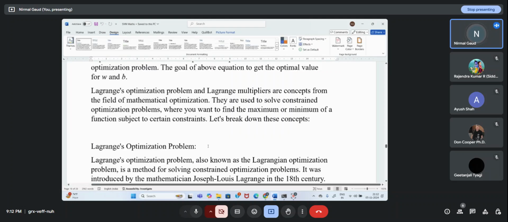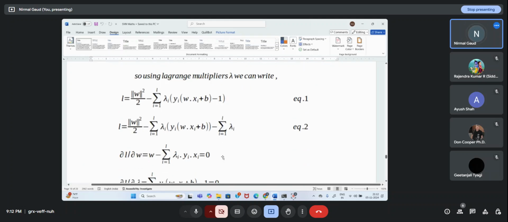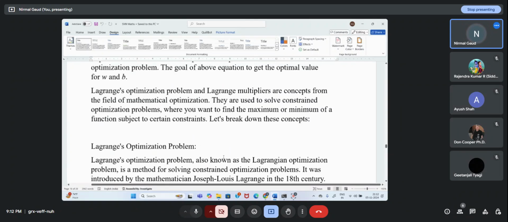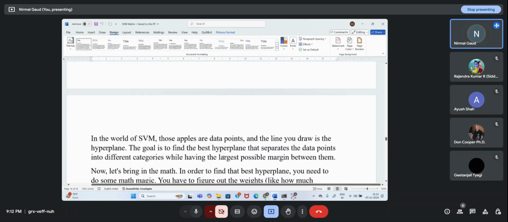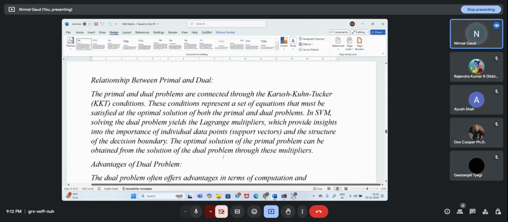I hope I have the full form of KKT available also. Let's check it here. So this term has been mentioned. If you can see the term, Karush Kuhn Tucker, KKT condition. So these KKT conditions are connected to primal and dual problems.